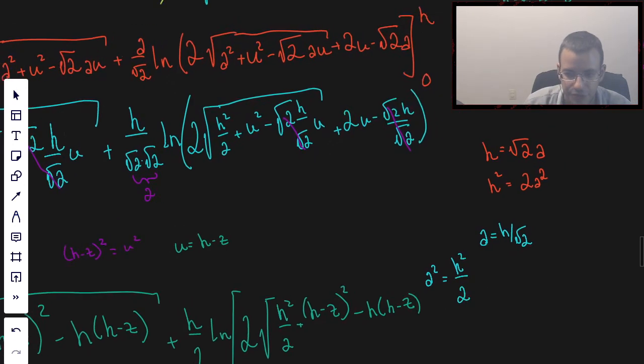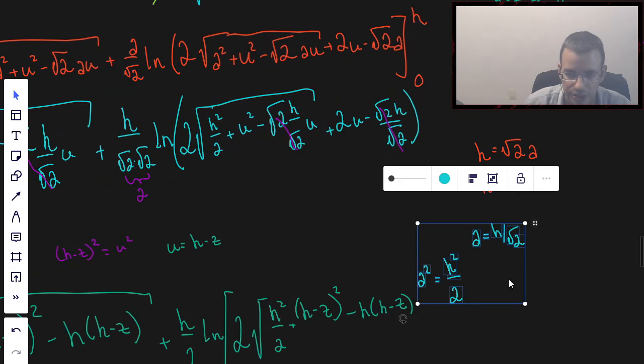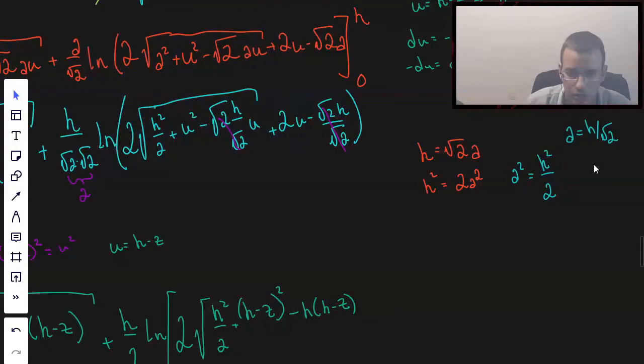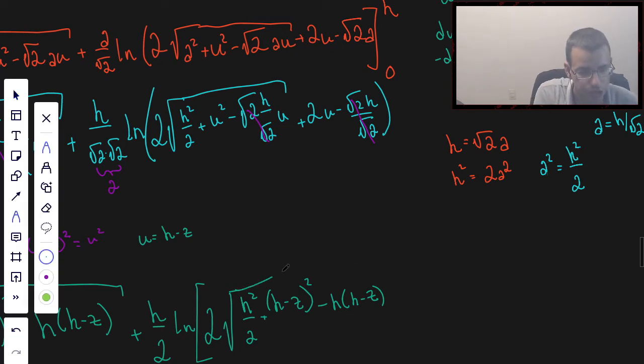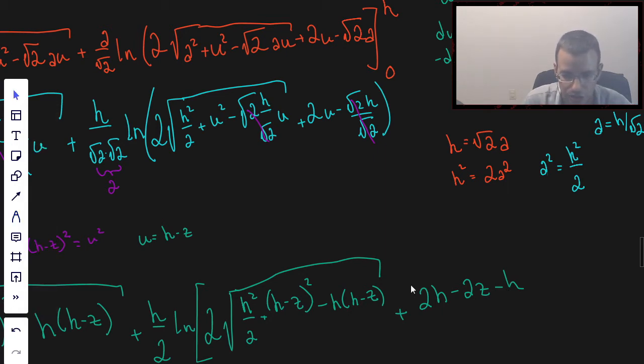And I'm going to have to move some of this out of the way. Close that, plus 2 times h minus z, which I'm just going to write as 2h minus 2z. 2h minus 2z minus h. So I'm going to take the 2h and negative h and just write that as a single h.